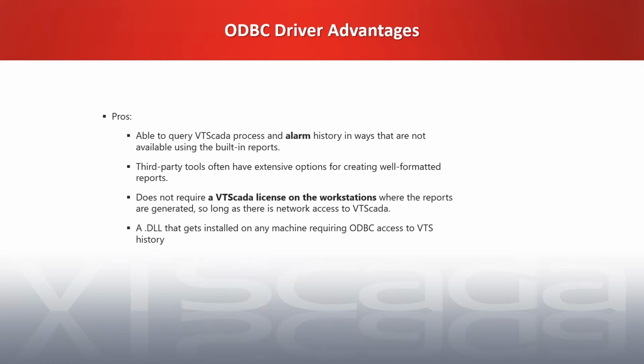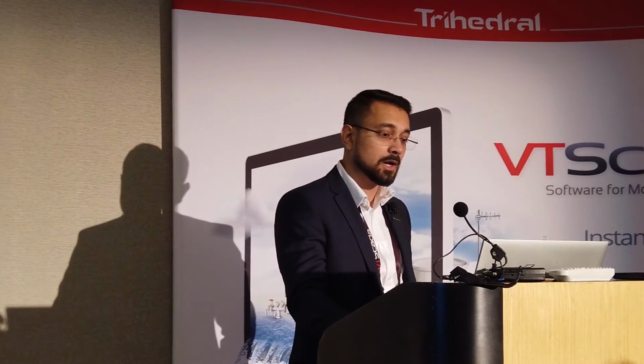But you don't require a VTScada license on the workstations where you're running the reports. So if there's a manager or someone who's looking at it, they don't need to install VTScada on their machine. They could be offsite. They just have the ODBC driver installed. And as long as they can connect to the server over the internet, if they have internet client privileges over a secure connection, they should be able to run reports.